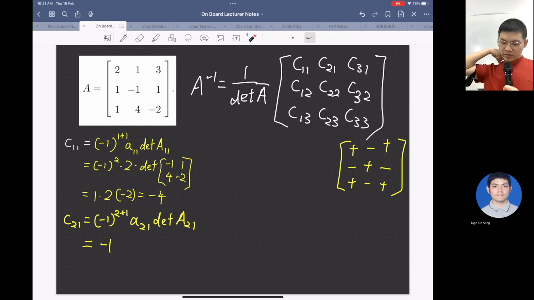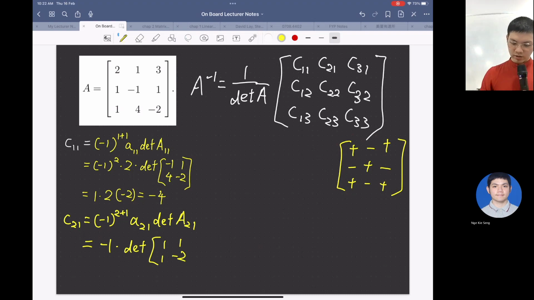Row 2, column 1. Yeah, correct. So what is the determinant of the minor of A21? I think I'm wrong here. Row 2, column 1, so it's this guy here.